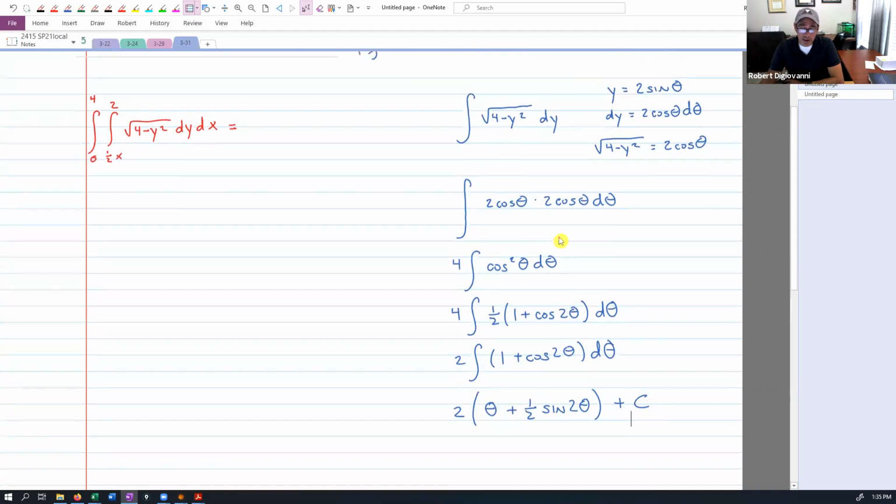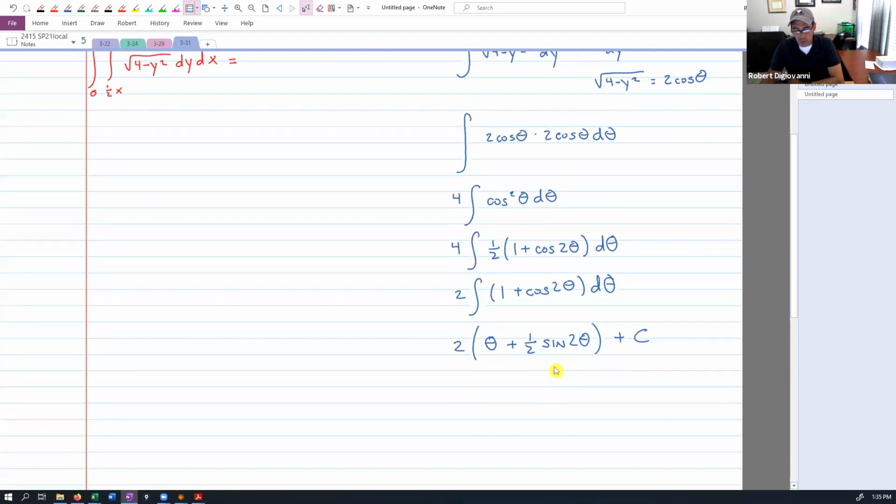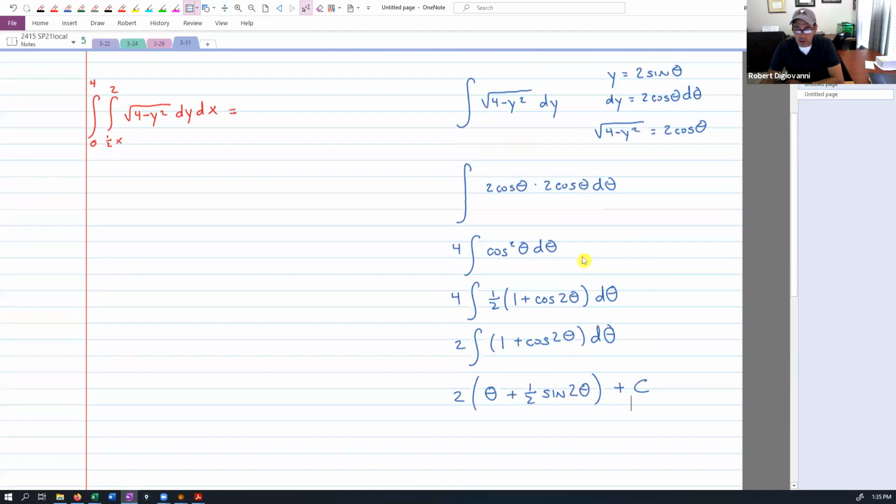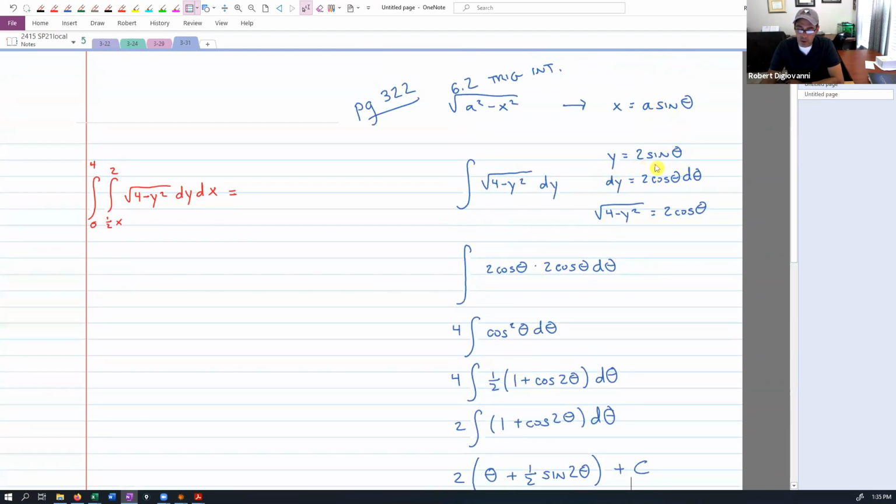Now we're not done because we have to get everything back in terms of y. Right now our answer has theta in it. On top of that, I have sine of 2 theta, which doesn't help because I only know about what sine of theta is.